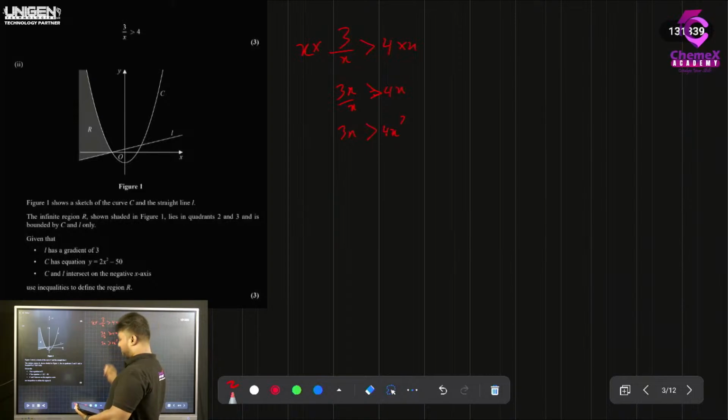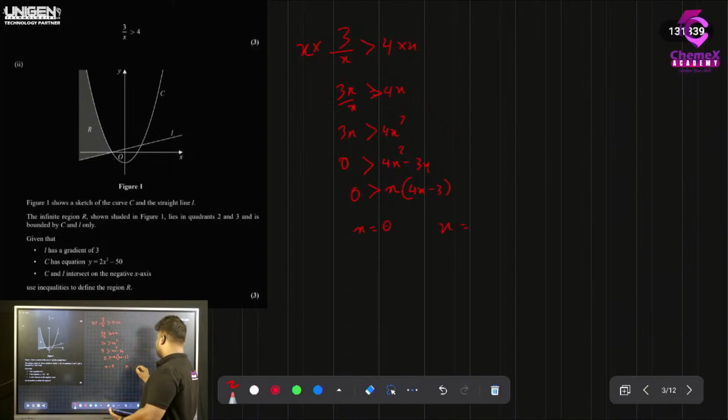So I'll show you why I'm not doing that. Here I can take the two terms to one side: 4x squared minus 3x. x is taken out. What do you get? x times 4x minus 3. So you get x equals 0, one answer. The other answer is x equals 3 over 4.